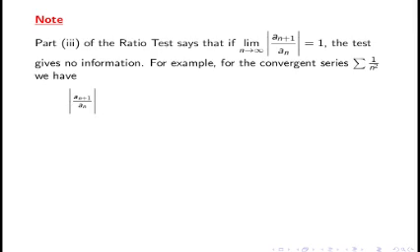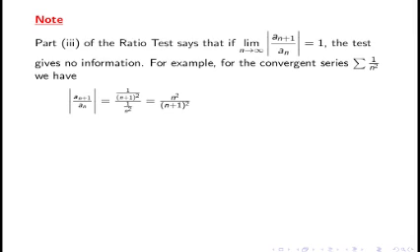For example, look at the convergent series, the sum of 1 over n squared. Then the absolute value of a_(n+1) divided by a_n, plug it in, it's 1 over (n+1) all squared divided by 1 over n squared. Simplify it to get n squared over (n+1) squared.